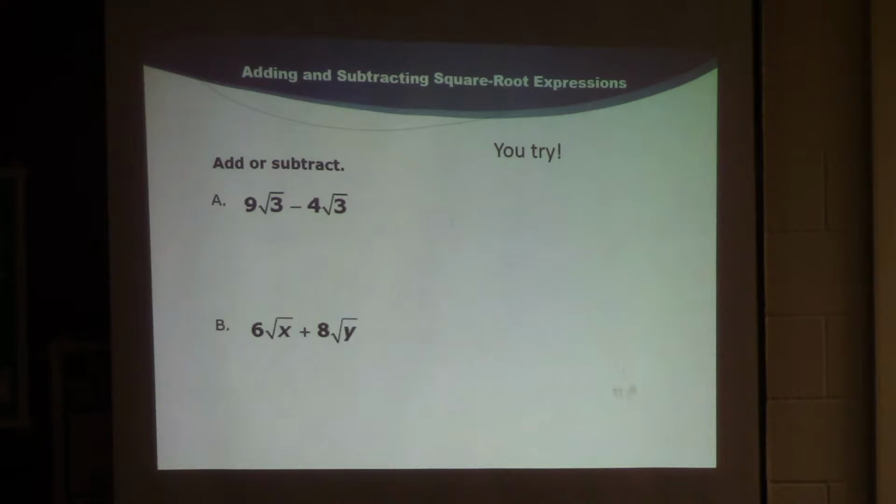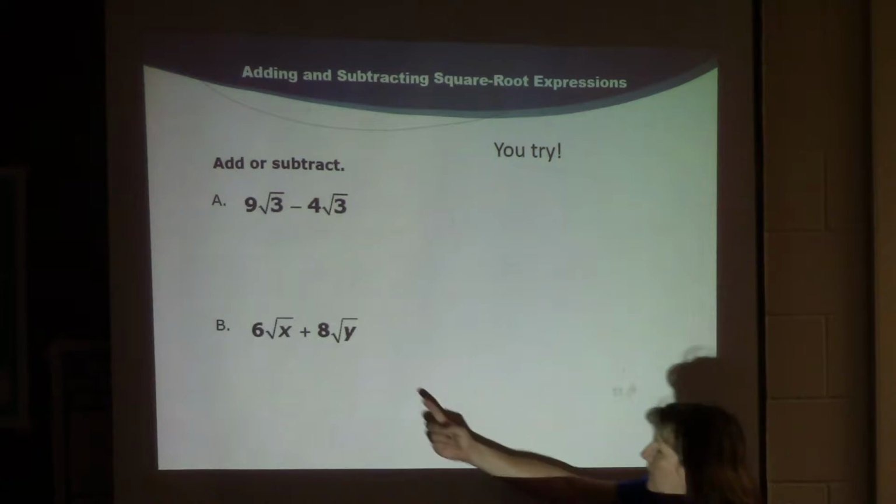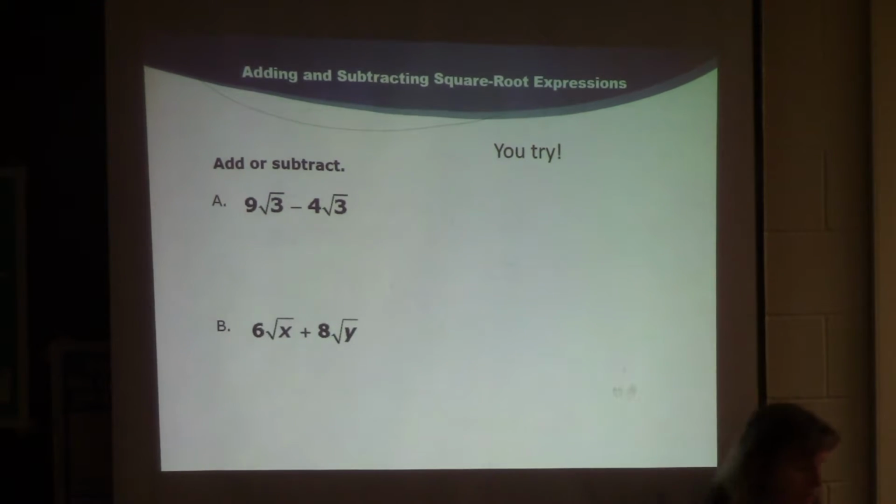Y radical 3, okay. How about B? Okay, so B is not possible, right? Because these guys, X and Y, don't match.